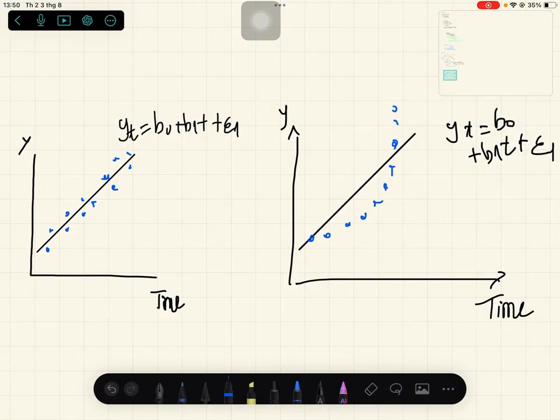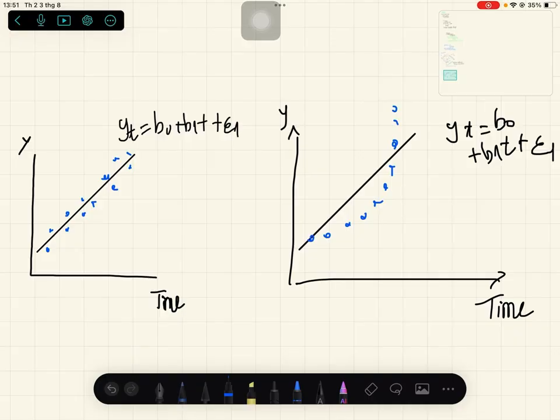If the residuals are scattered randomly above and below the trend line, that's a good sign. The linear model is probably appropriate. But suppose the residuals stay positive for several consecutive years, then negative for several years, then positive again. That pattern is not random. It tells us the straight line is systematically missing something. Very often, the missing feature is exponential growth.